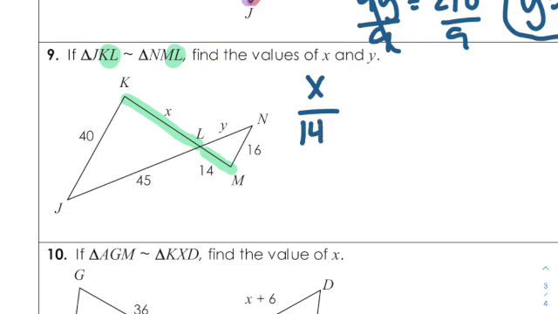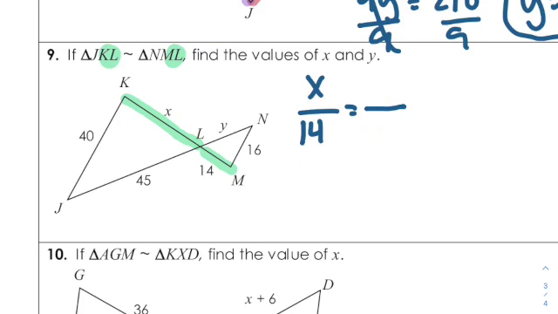So x over 14 equals, and we gotta make sure that we don't use y in our other fraction. So I'm gonna go ahead and pick this 16 because we've already used this one. This one's y, so I'm gonna use this 16 over here. And does that have to go in the top or the bottom?